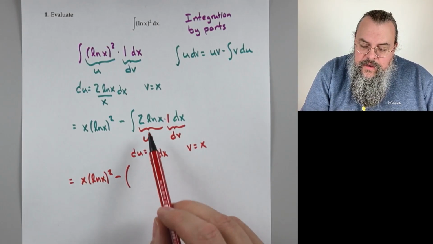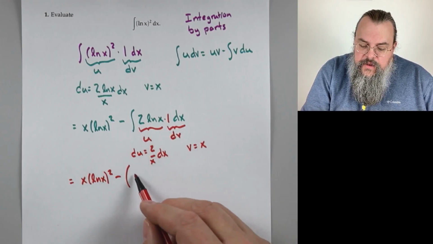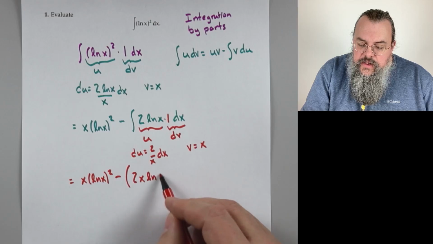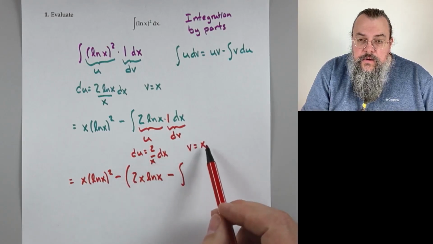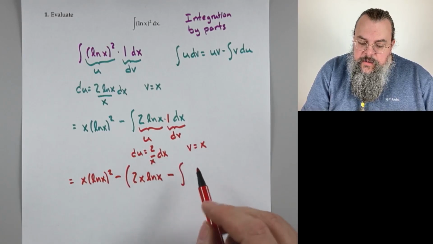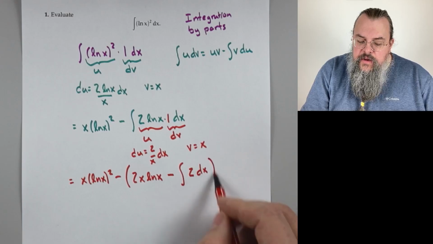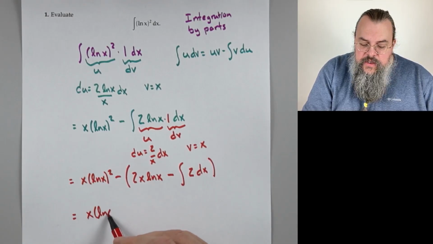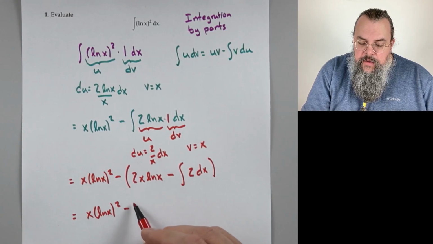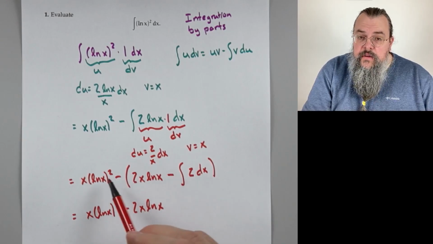Well, okay, it's uv. So 2 log x times x, 2x natural log x, minus the integral v du. So 2 over x times x becomes 2 dx. All right, so we have x natural log x quantity squared minus 2x natural log x minus minus, right?